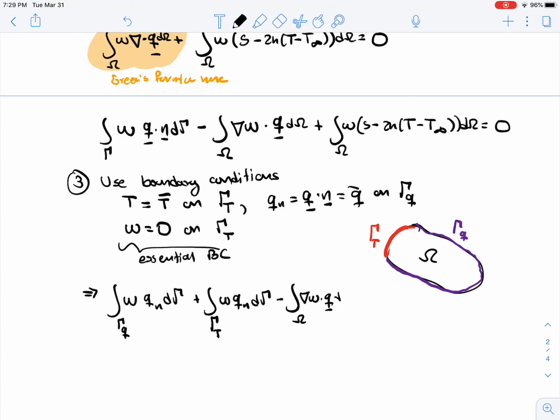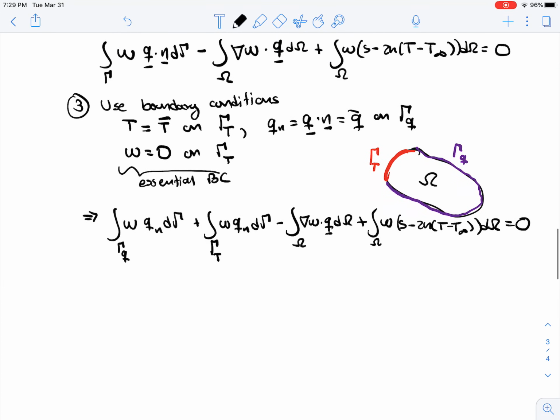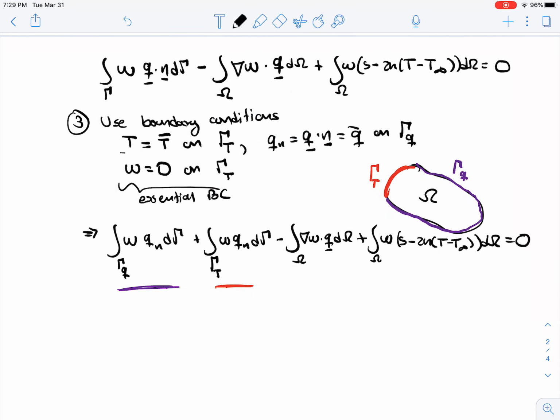And then the rest I'm going to leave the same. So the only thing that I did is I split this integral into two integrals. Part of the integral over the boundary that has natural boundary condition, part of the integral over the boundary that has essential boundary conditions.